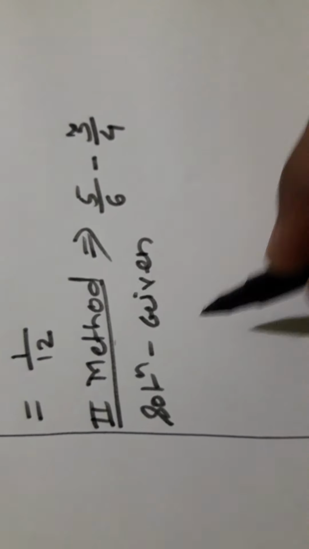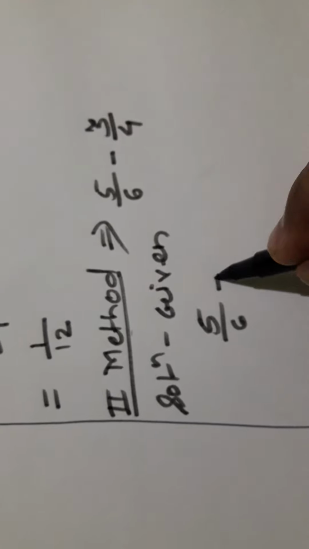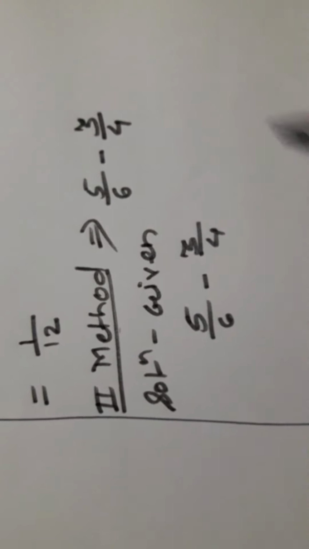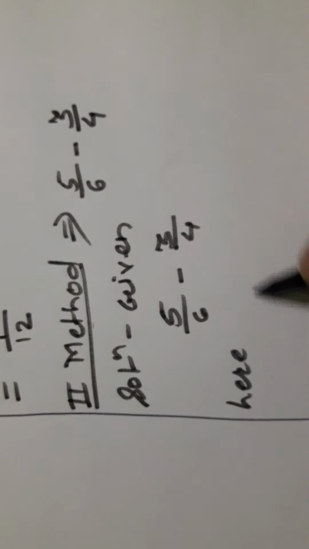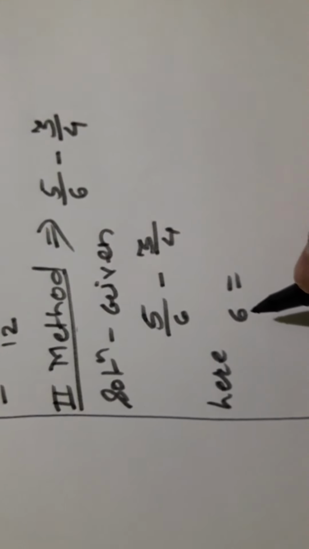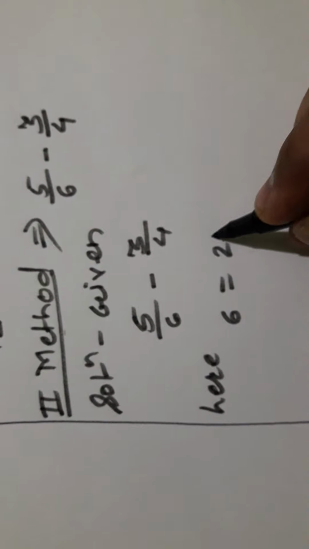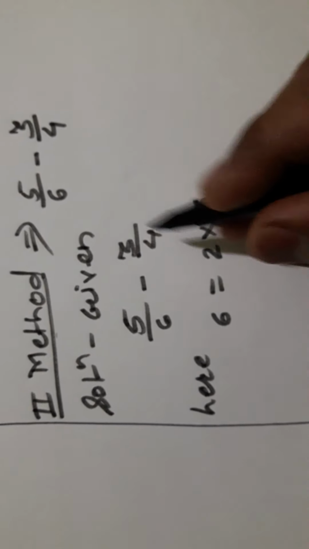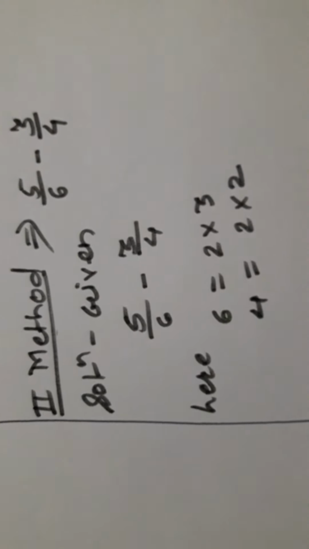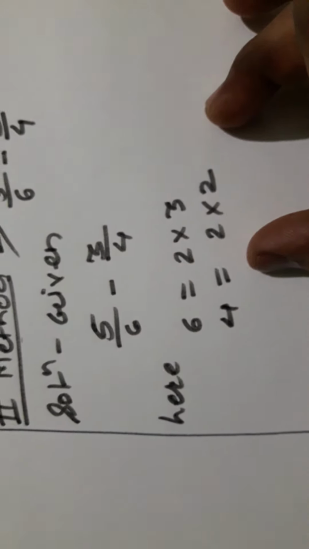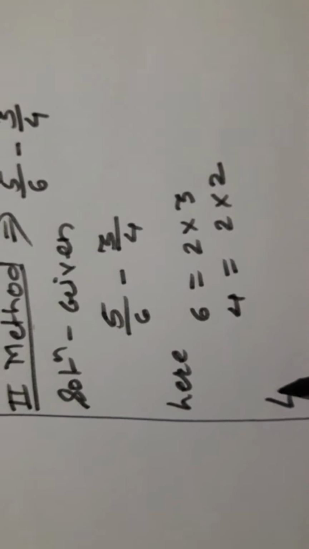See here, 5 upon 6 minus 3 upon 4. See here, denominators 6 and 4. Factors of 6, 2 into 3. Factors of 4, 2 into 2. You have to find the smallest one. Okay. Now see here, LCM.